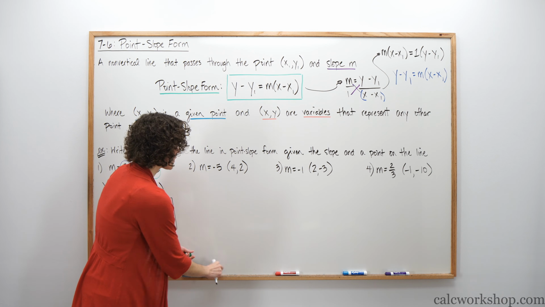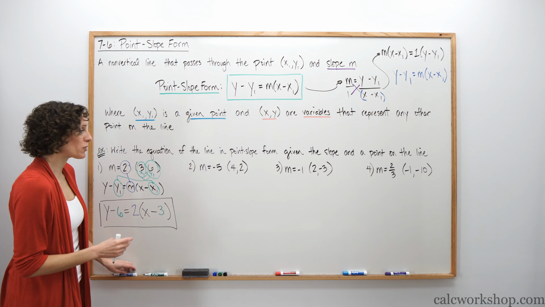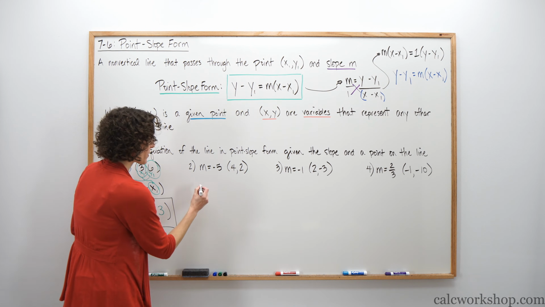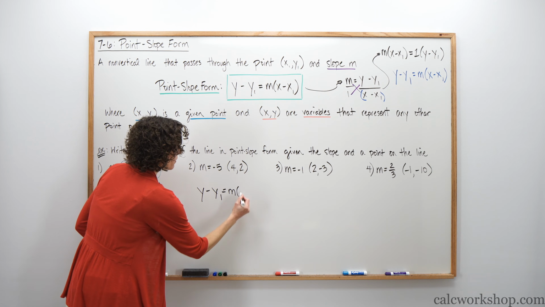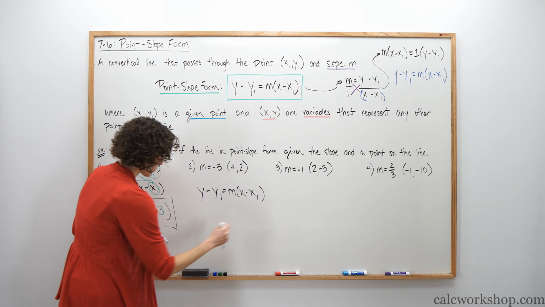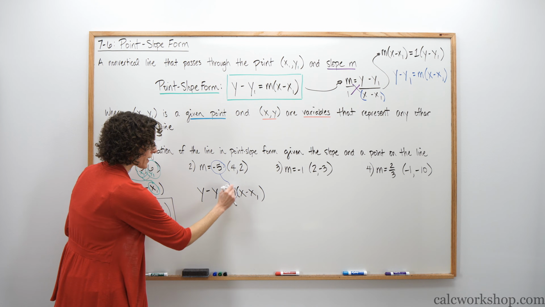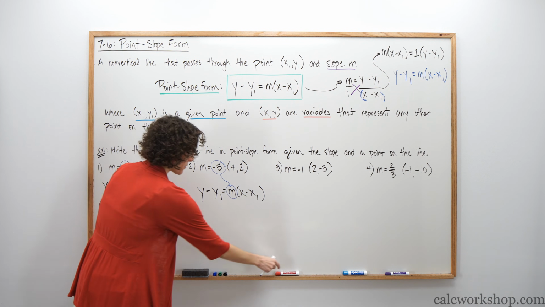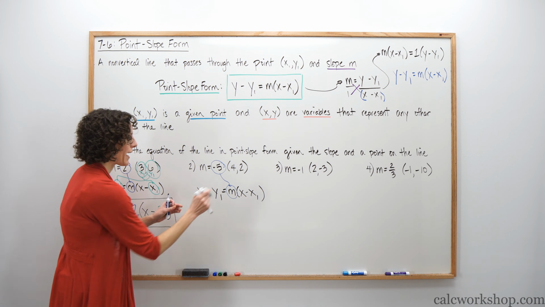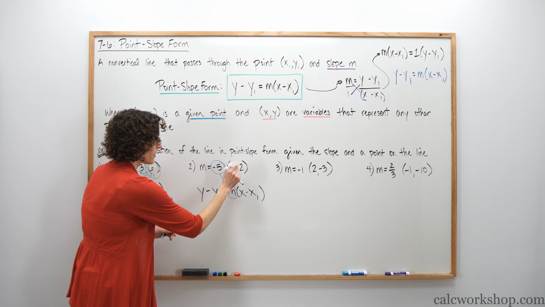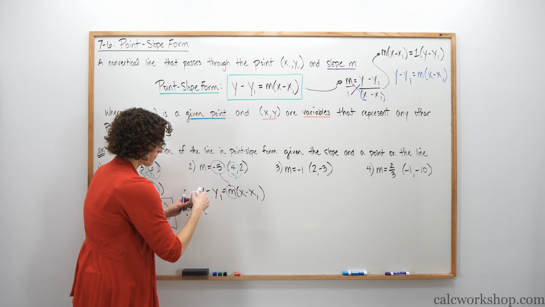So what we have is m equals -5, and one given point with the value (4, 2). Once again, we have the formula y minus y1 equals m times x minus x1. The slope, which is provided for us, gets plugged in for m. Then we have x1, the value 4, that gets plugged in for x1.